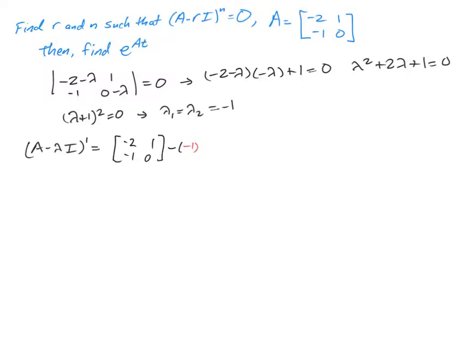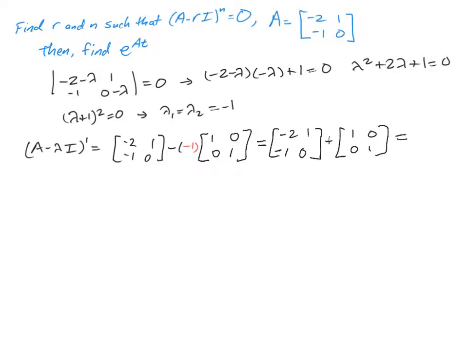And of course, this is times the identity matrix of 1, 0, 0, 1. And when we find this, we're going to have -2, 1, -1, 0, plus the identity matrix. And that result is equal to -1, 1, -1, and 1. And we notice right away that that is not the 0 matrix.